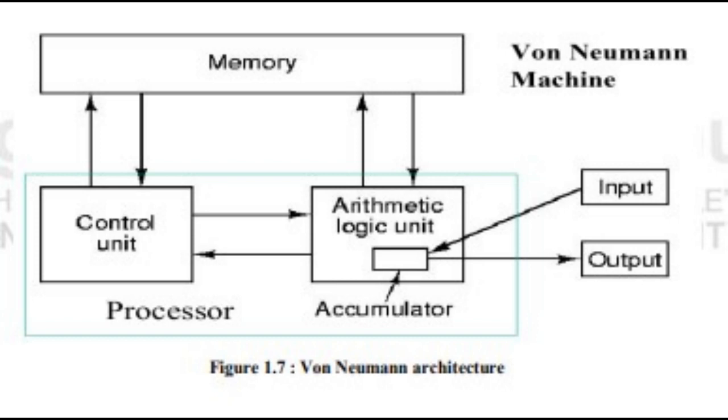This model implements the stored program concept in which the data and the instructions are both stored in the memory. All computers share the same basic architecture, which has memory, an I/O system, arithmetic logic unit, ALU, and control unit, CU. Figure 1.7. Von Neumann architecture. Look at the screen for table content.